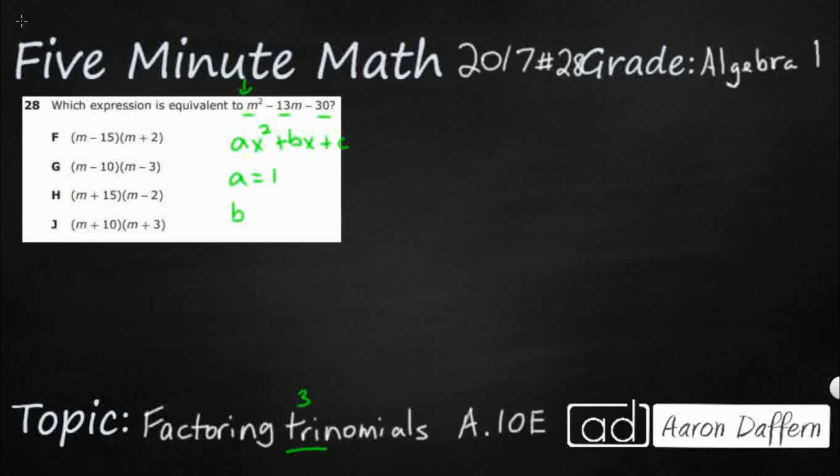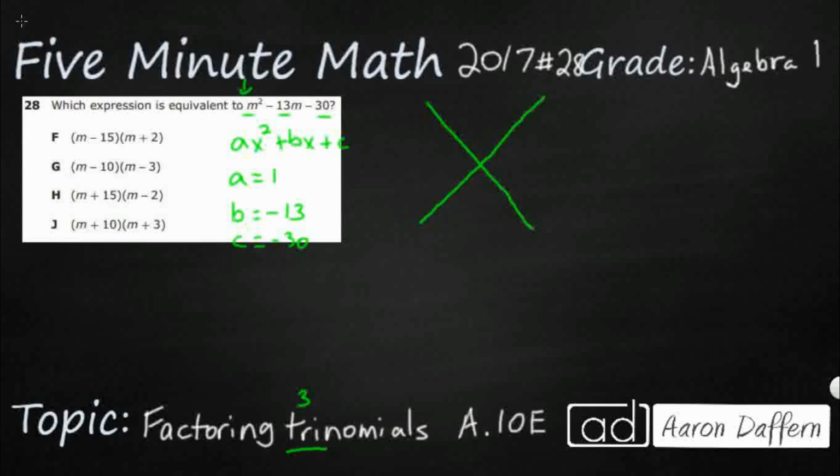Now for b, it's going to be 13, but it's not just 13, it's negative 13, and the sign makes a difference. Same with that c, negative 30. So we are going to use the full diamond method. Some of you might be able to eyeball this.